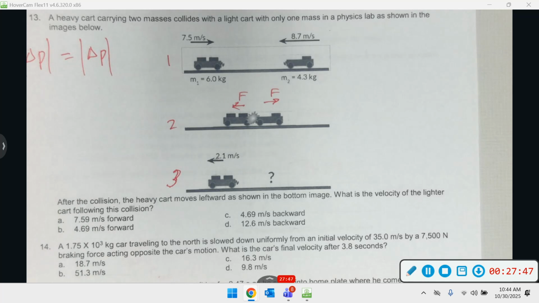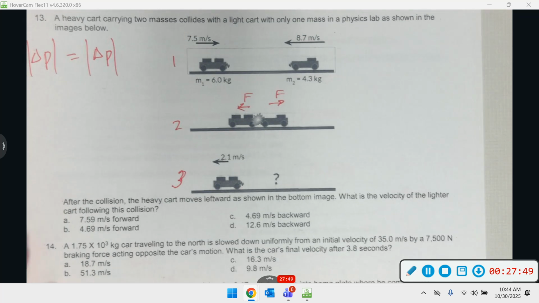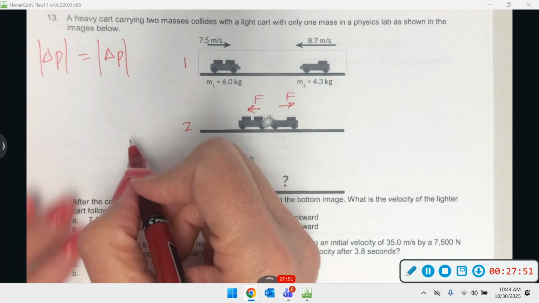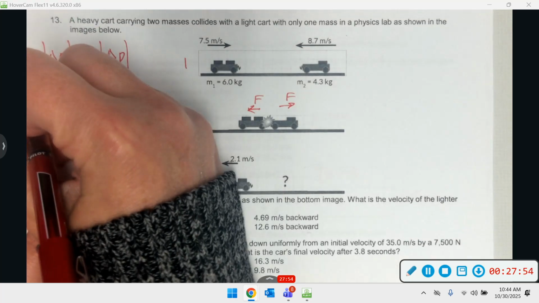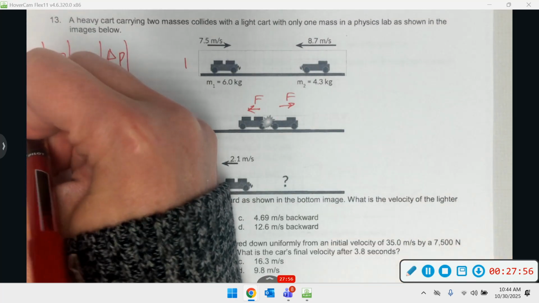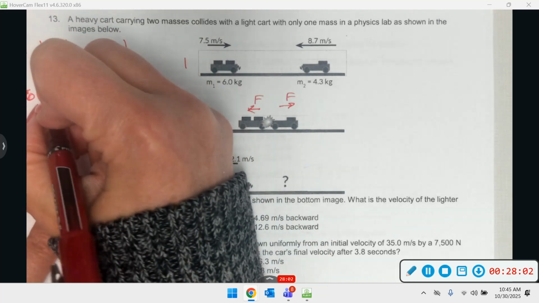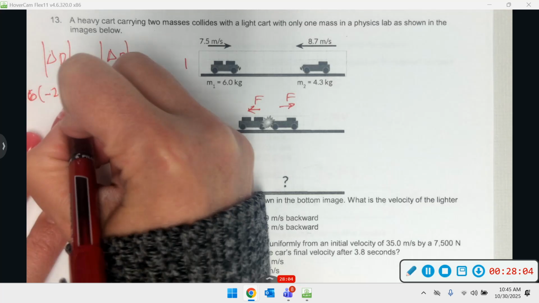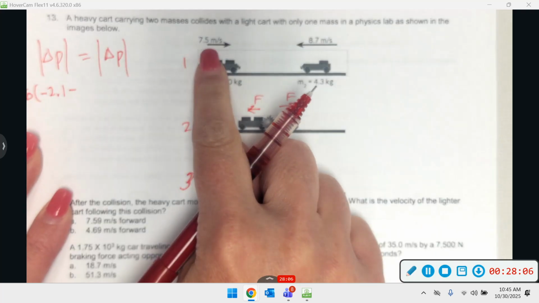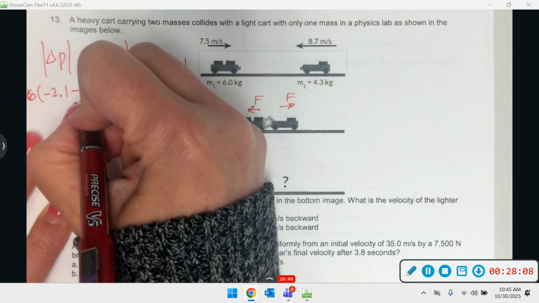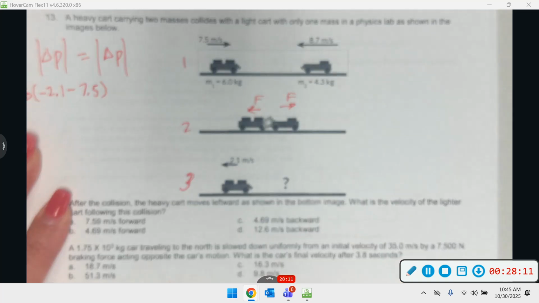magnitude. So if we look, we're going to take our mass of cart 1, which is 6, and cart 1 has a change in velocity. Its final velocity is negative 2.1 minus its initial velocity, which is positive 7.5. You do need to pay attention to your signs.